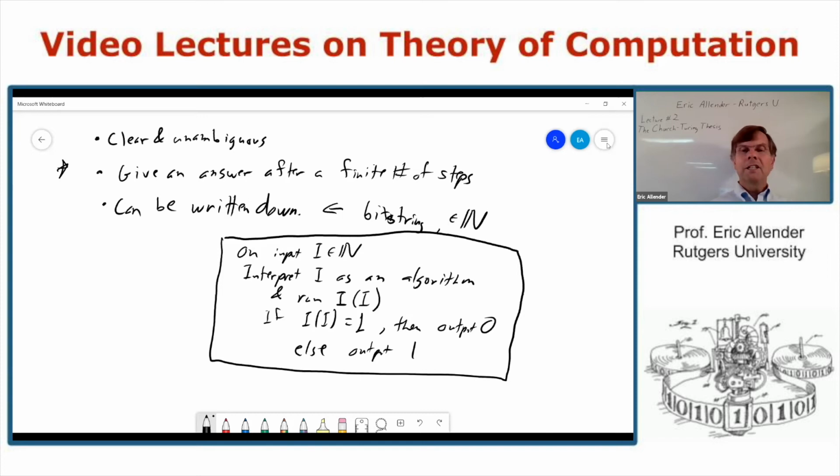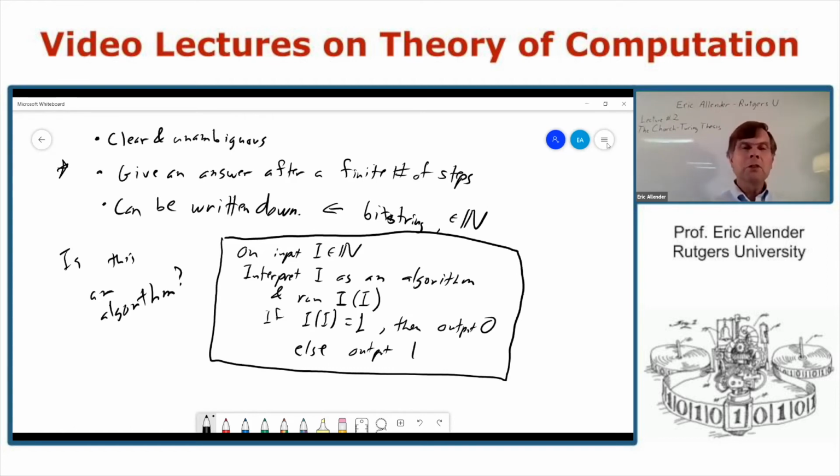But then if it doesn't output 0, then it outputs 1. You're just stuck. So is this an algorithm? It can't be in your class of algorithms if you define something formally, because of this contradictory behavior.